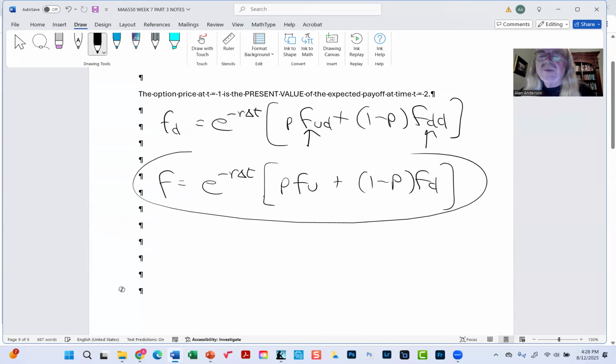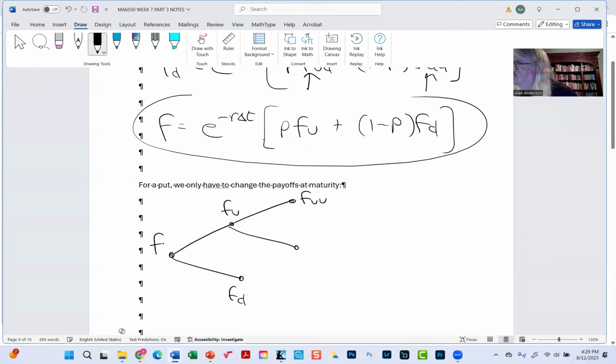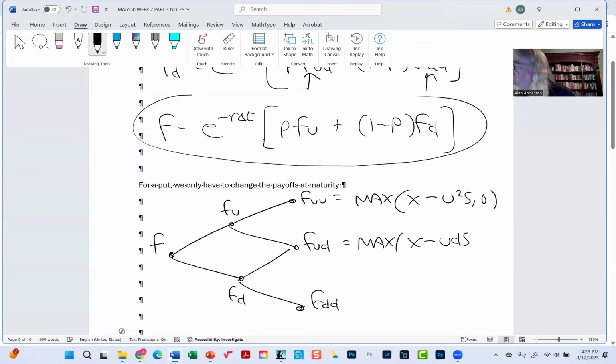And if F is a put, we only have to make one change. In other words, I just reverse the X and the S. Okay. And then the rest of them are filled in exactly the same way.